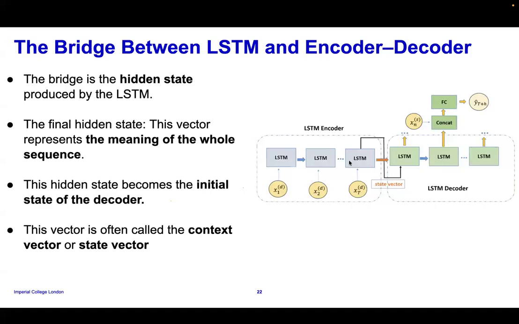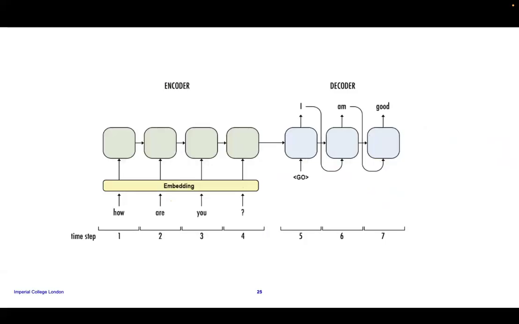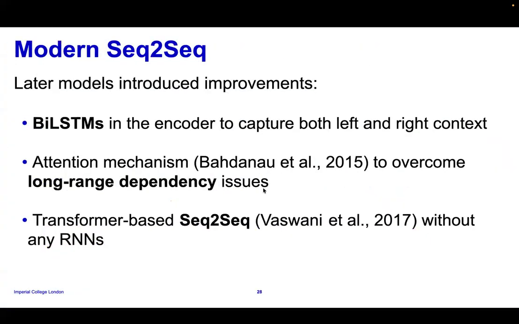But inside our architecture, we can have LSTM, we can have RNN as part of the architecture. What we have in the transformer-based sequence-to-sequence is a sequence-to-sequence model without any RNN architecture inside it. So these are some of the things that have been introduced as a way to bring more improvement in sequence-to-sequence models.